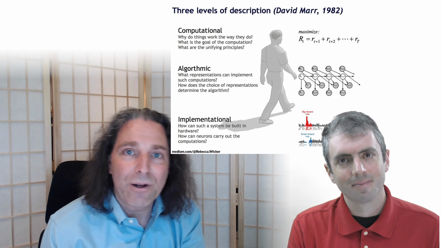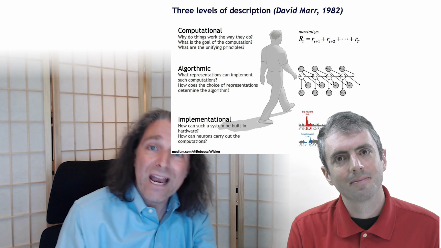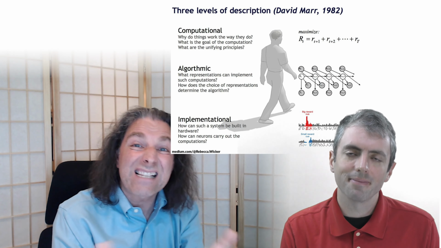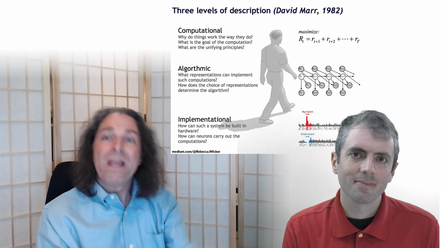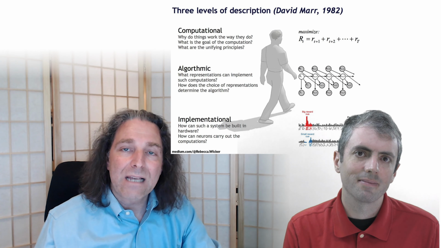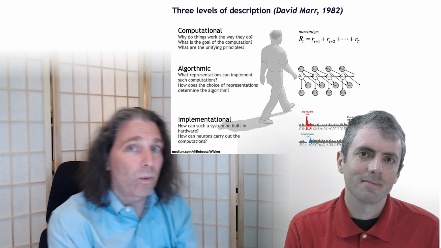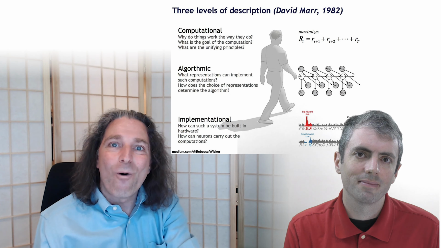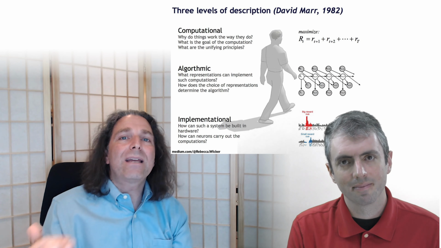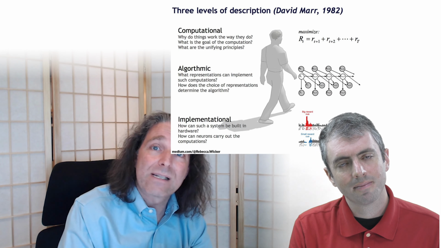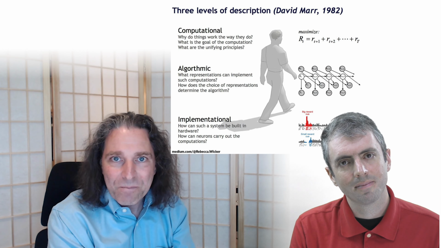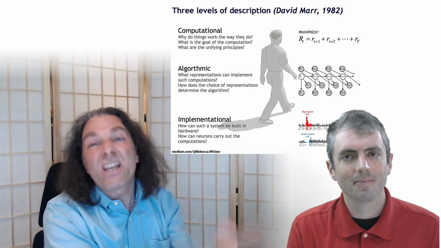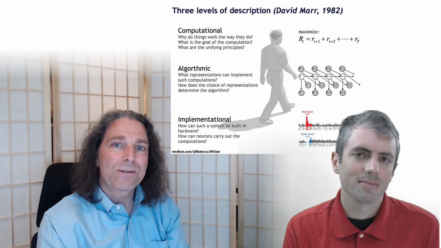A central level is the algorithmic or representational level, which has a more process and representation oriented feel. And then at the lowest level, you have the implementation level, whether that is in silicon or in wetware. I actually think that way of looking at levels is a useful way to inform how one thinks about the theorist's possible kinds of contributions.